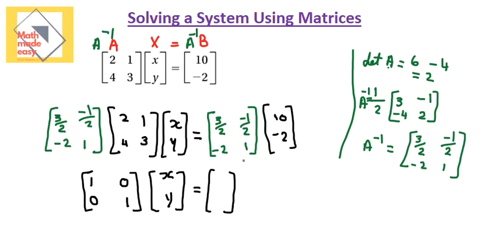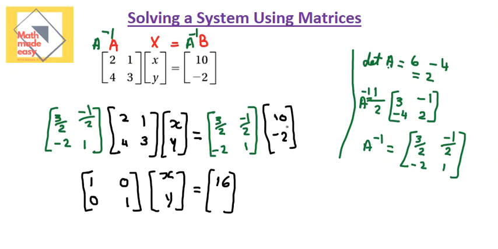Now I'm multiplying a 2 by 2 matrix by a 2 by 1 matrix. My answer is going to be 2 rows and 1 column. 3 over 2 multiplied by 10, that's going to be a 15. Negative half multiplied by negative 2, that's going to be 1. 1 plus 15, and I have a 16 here.